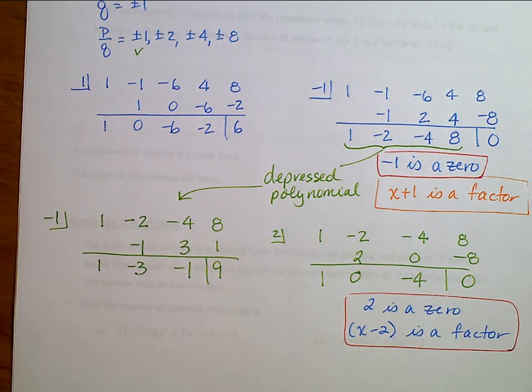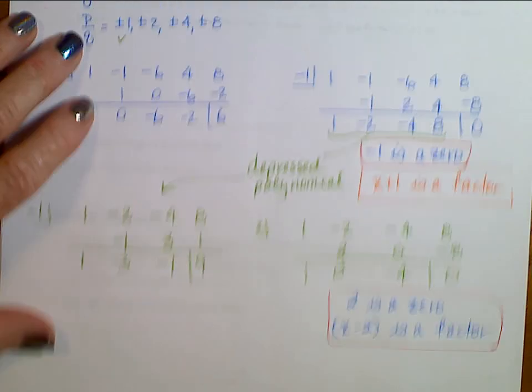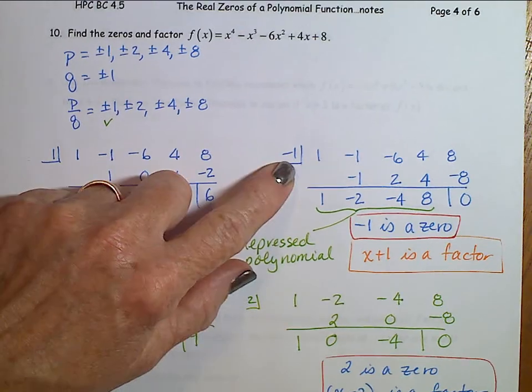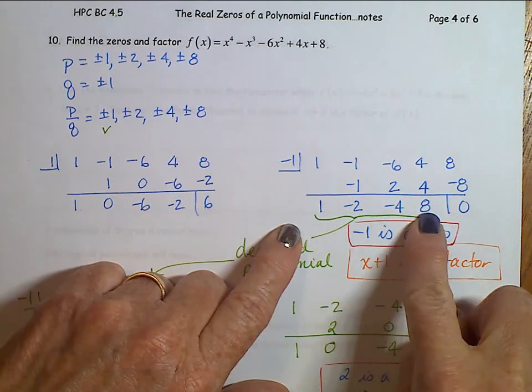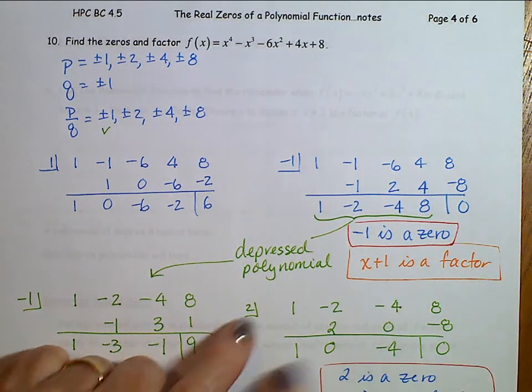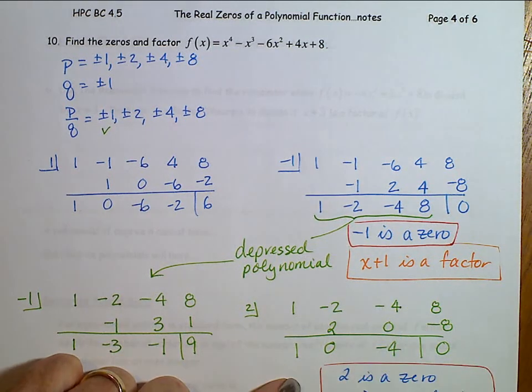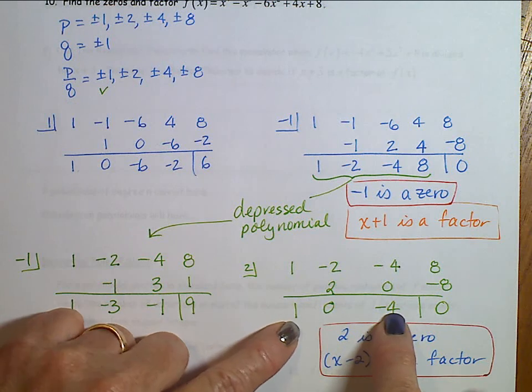All right. Now, let's think. We started with a degree 4. Took out a linear term right here, that x plus 1. We got down to a degree 3. Did a division on a degree 3. Took out this linear term of an x minus 2. That leaves us with a degree 2.